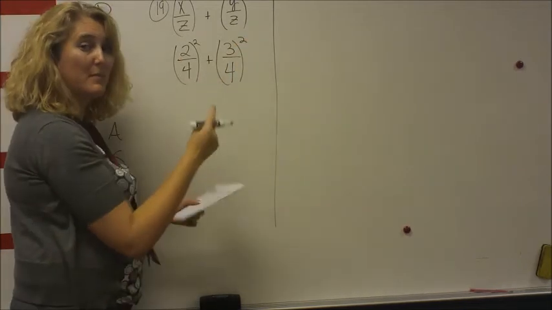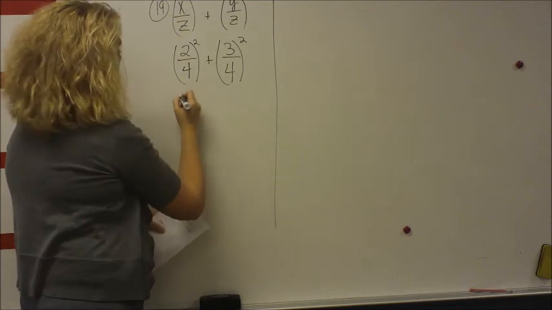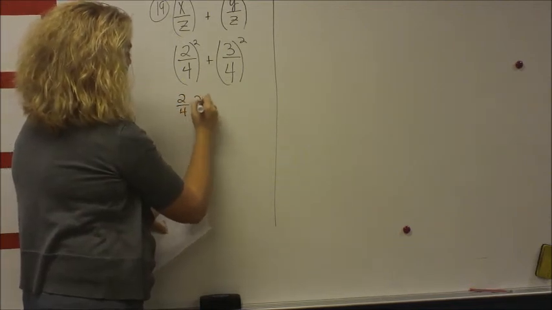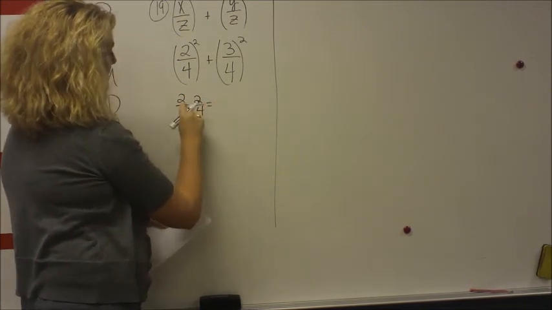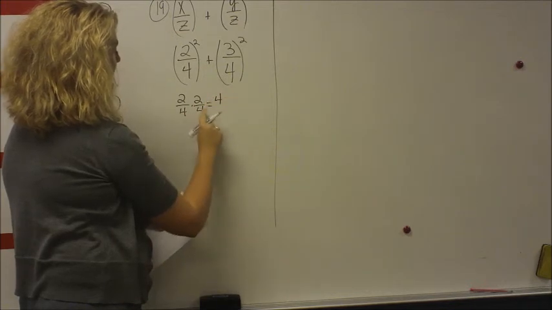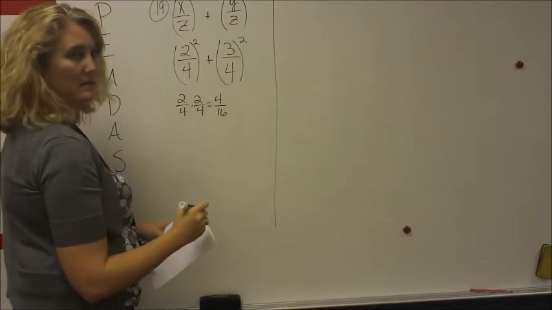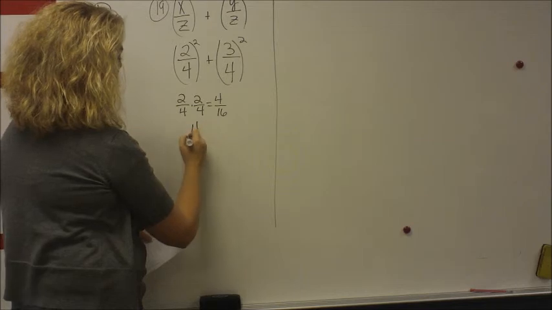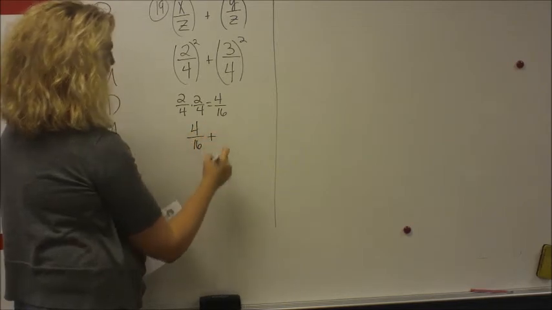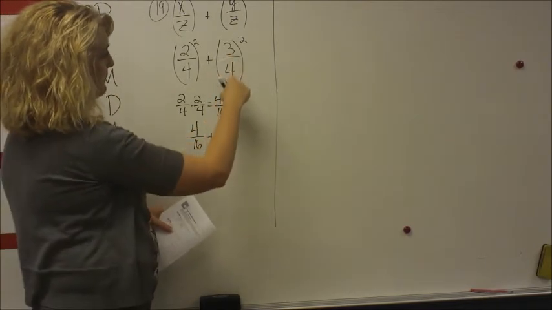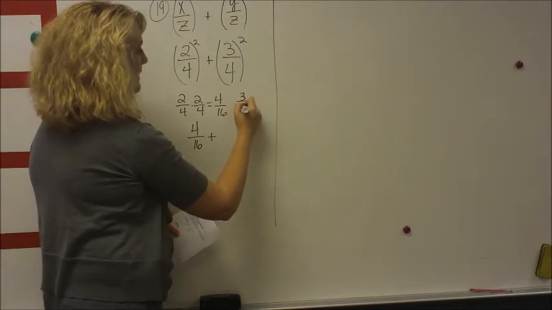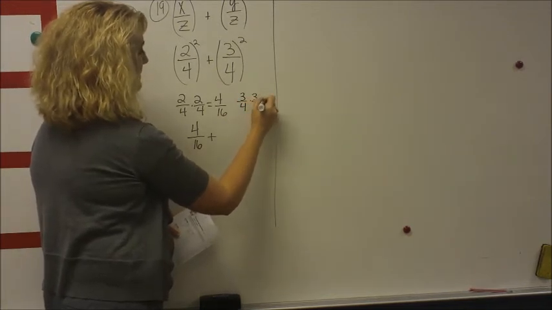This means 2/4 times 2/4. Write that out if you need to. 2 times 2 is 4. 4 times 4 is 16. Okay? This is 4/16 plus 3/4 times 3/4. You have to write it out.